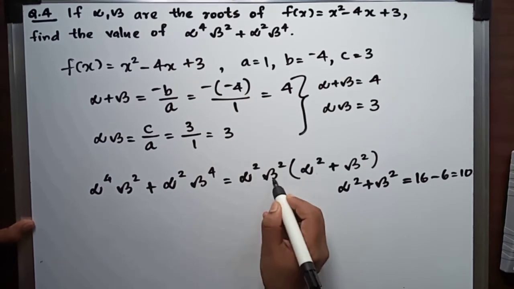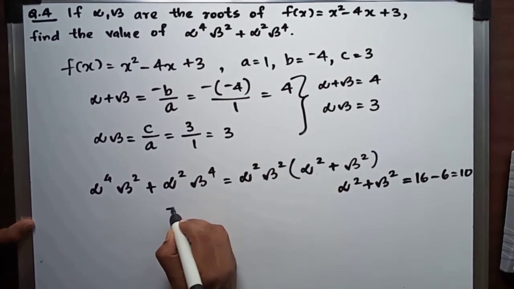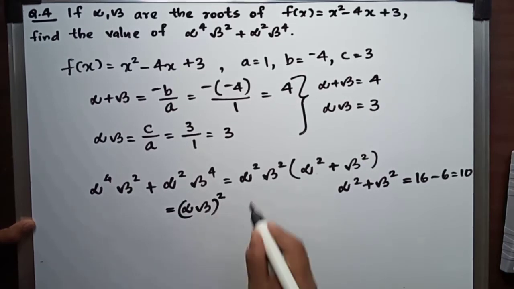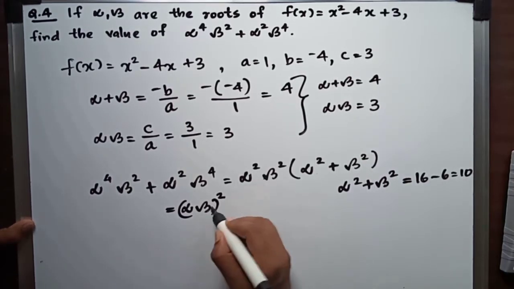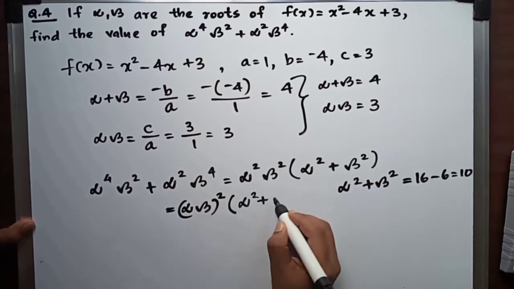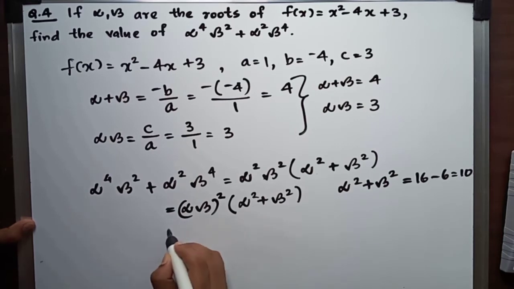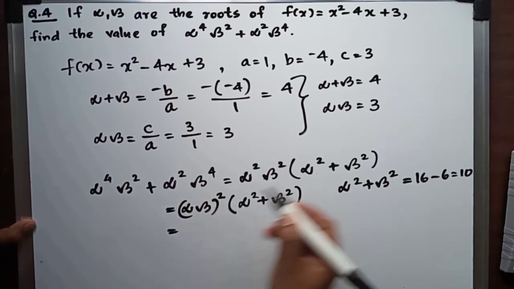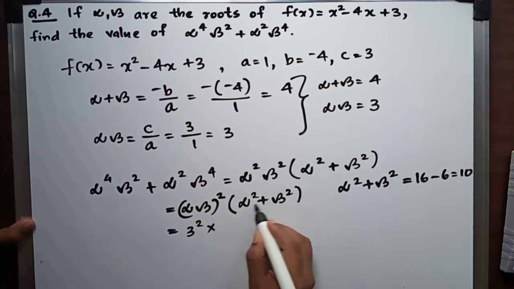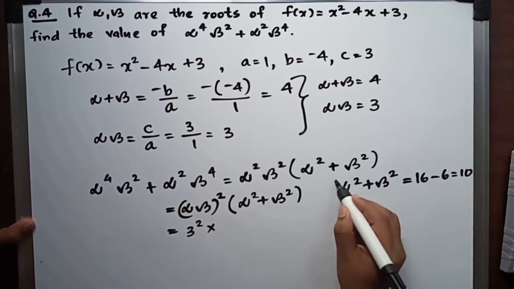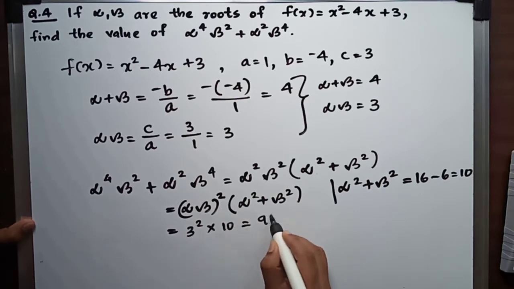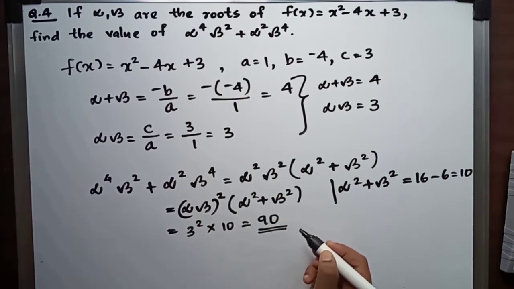This is the same as α²β², which can be taken as (αβ)², into (α² + β²). What is αβ? αβ is 3. So this is 3² into 10. 3² is 9, and 9 into 10, 90, is the answer.